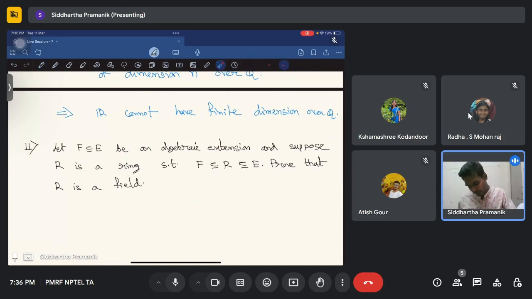So if you have an algebraic extension and if you have a ring in between the fields, then that ring has to be a field. Here you have E and here you have F, and this extension is algebraic. And in between you are taking a ring. So this says this ring R has to be a field. Think about it for a few seconds.